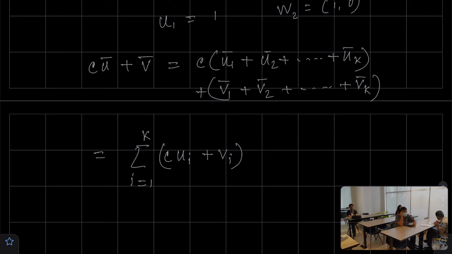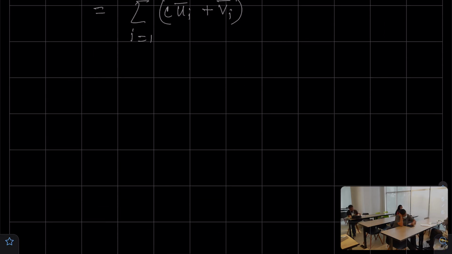Now, C times Ui plus Vi is in Wi, because they are subspaces. That means this forms a subspace. Right? Okay, so now let me introduce the direct sum.